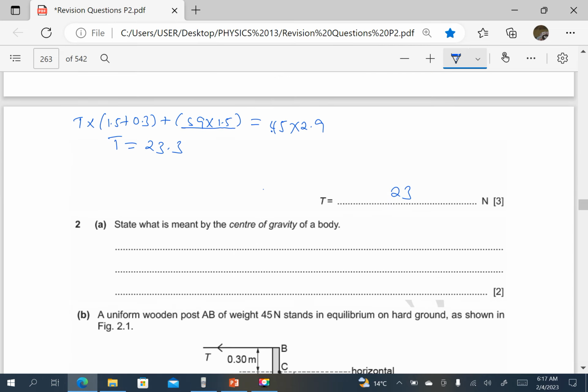State what is meant by the center of gravity of a body. The center of gravity is the point where all the weight, the entire weight of the body, is considered to act, or seems to act, or is taken to act. It is the point where all the weight of the body may be considered to act.